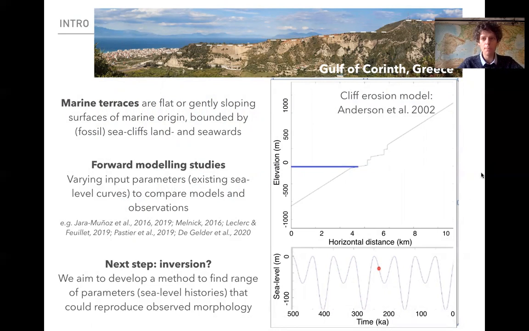So a logical next step, instead of doing this forward modeling, we thought would be inversion modeling. So really developing a way to find the complete range of parameters, including sea level, that could reproduce an observed morphology to find out how unique those solutions are.